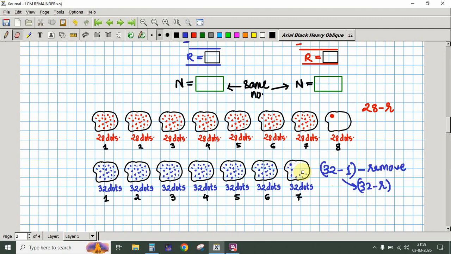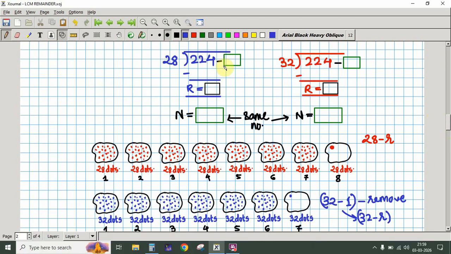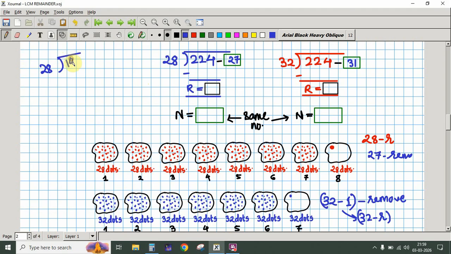So let's keep only one dot in this and execute this division. How many dots have I removed? I have removed 27 from this and 31 from this. Let's see what happens over here. What is this number? 224 minus 27, 197.